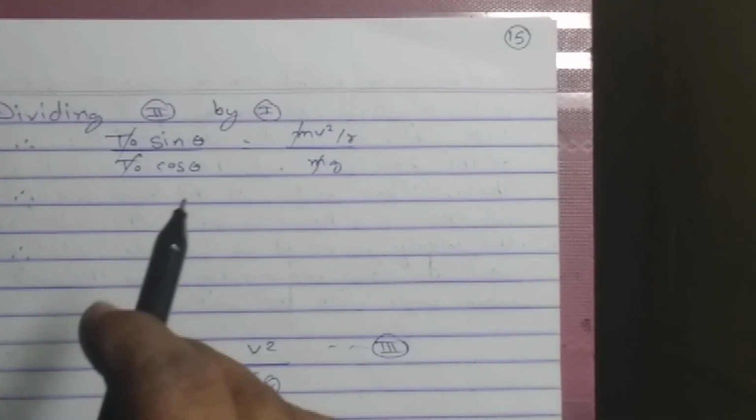Since the bob is performing uniform circular motion, the general formula for velocity is distance upon time. The distance covered in one revolution upon the time required to complete one revolution.